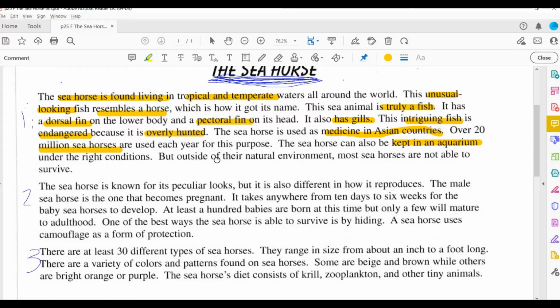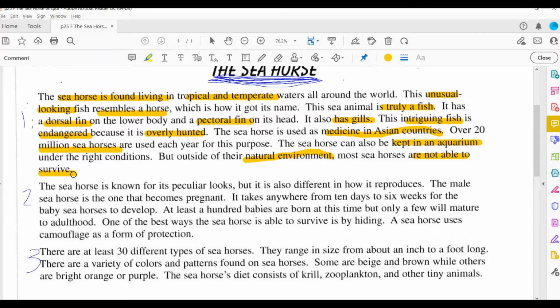Kept in an aquarium. Natural environment. Not able to survive. So just in that first paragraph, I skimmed through and picked out some things that really jumped out at me that looked really important. I haven't read it yet, but I know that these things gave me some really important information.